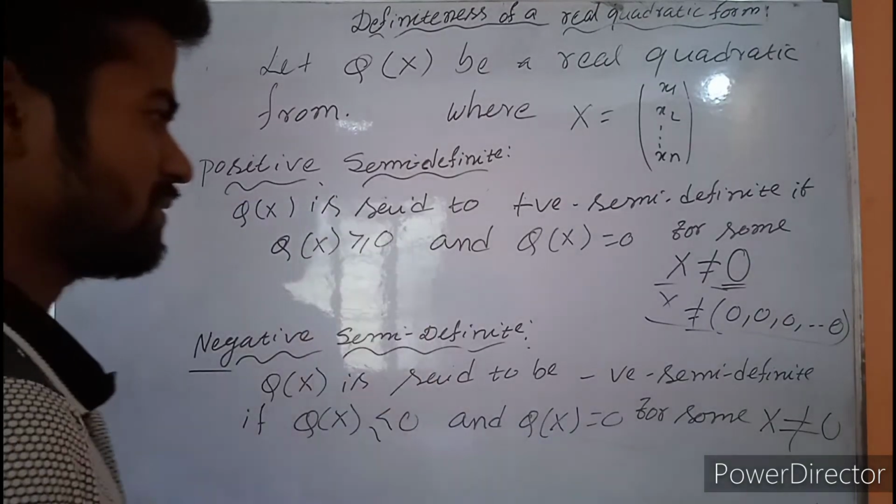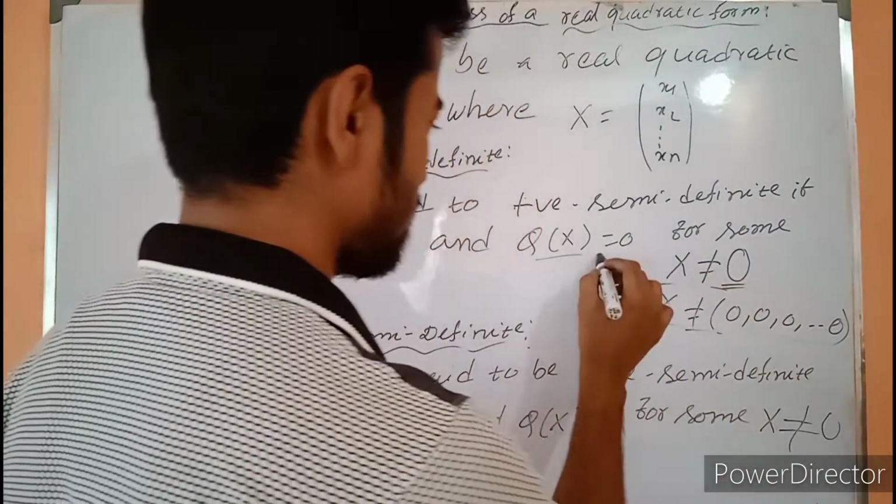That is, for positive semi-definite, for some non-zero x, Q(x) equals 0.